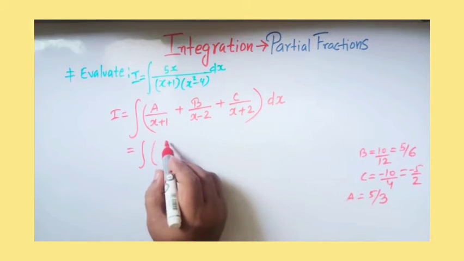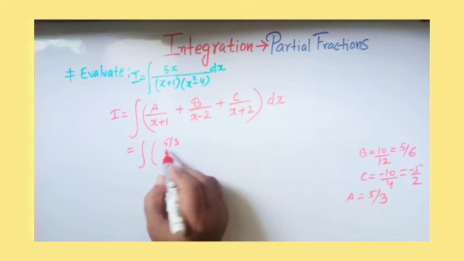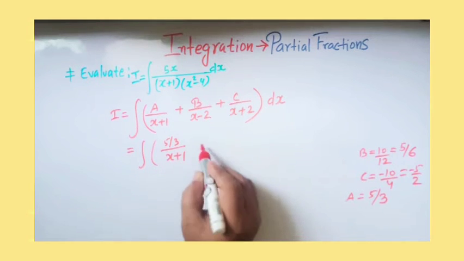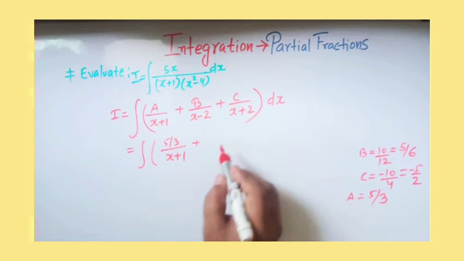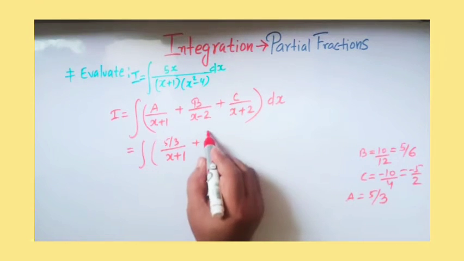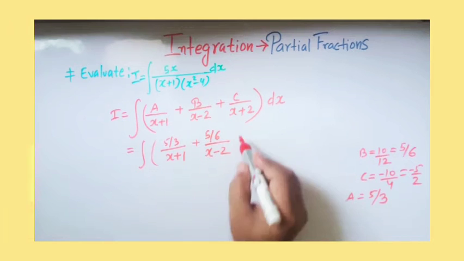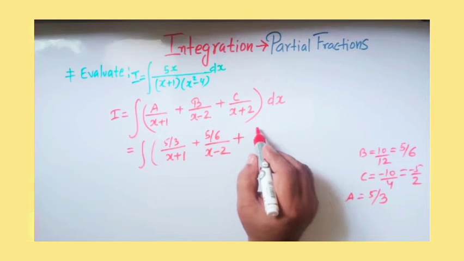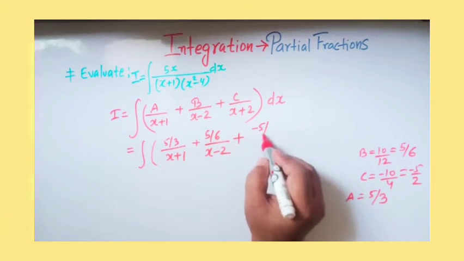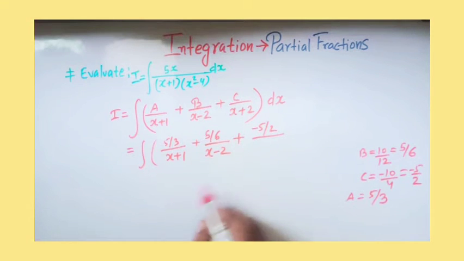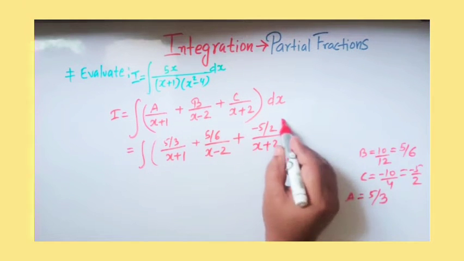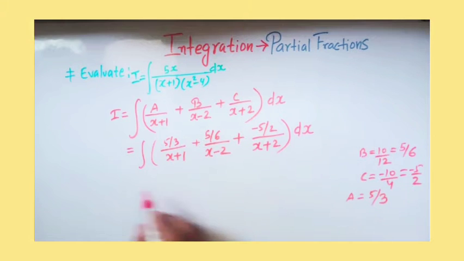So we have 5 by 3 divided by x plus 1, and then we have the value of b as 5 over 6 divided by x minus 2, and then we have minus 5 by 2 divided by x plus 2, and dx, right?